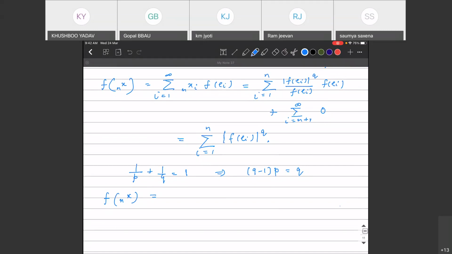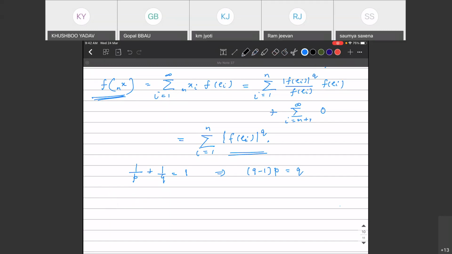Good. So let's do this. What we are getting here, this f(xn) is summation i from 1 to n f(ei) to the power q, and you know f is bounded.